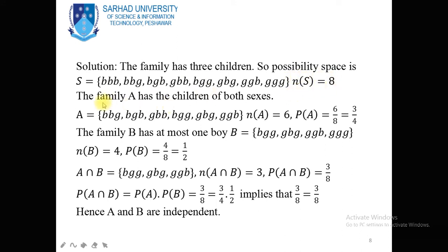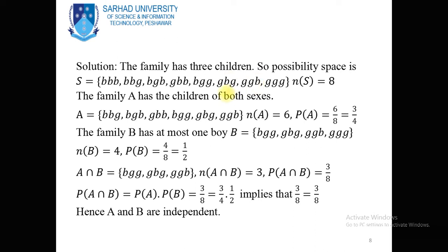Now let A be the event: the family has children of both sexes. For this description, the outcomes in the sample space are those with both sexes: this outcome, this outcome, this outcome, this outcome, and this outcome.